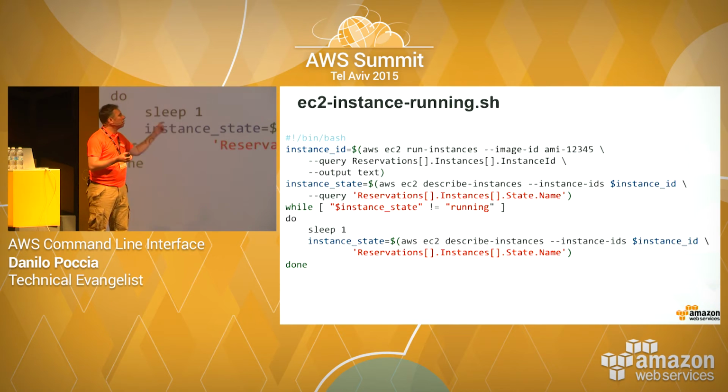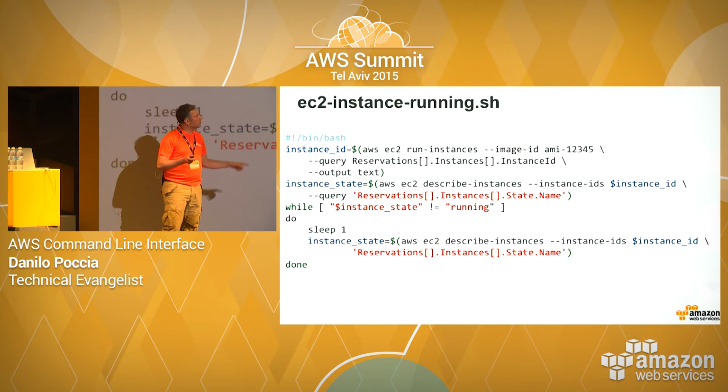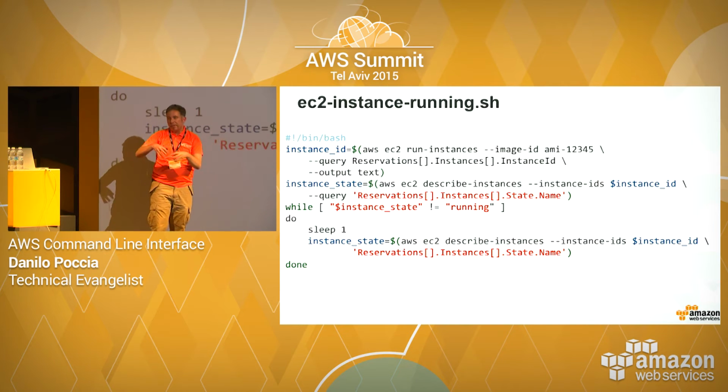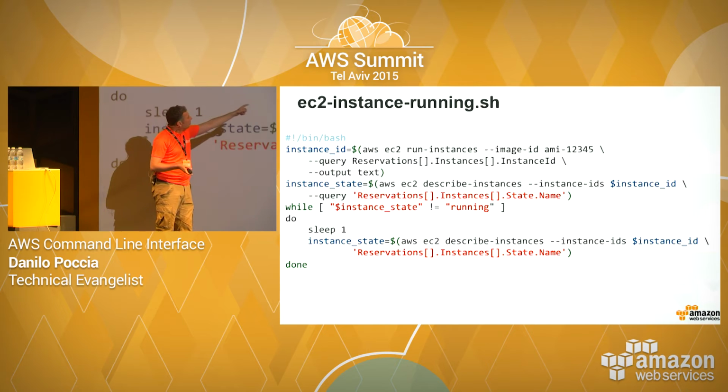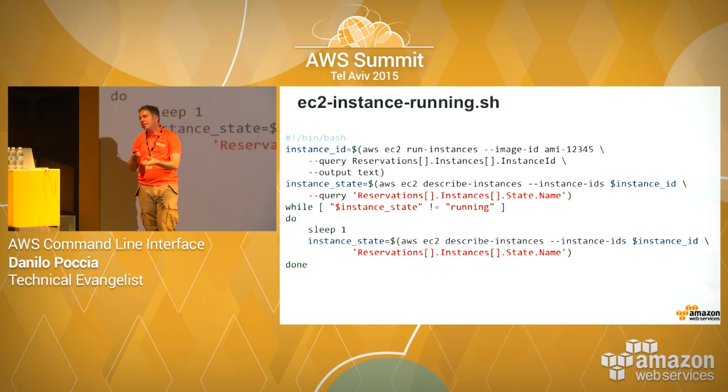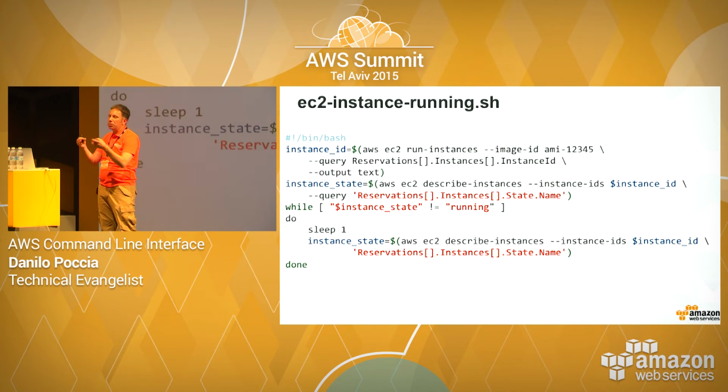And then you can extract, with a second command, aws ec2 describe-instances. You describe this particular instance that you just launched, to get, with the query option, from the reservation, not the instance ID, but the state name. The state name is the textual description of the state. So it will be pending, running, the ones that we just saw in the previous slide.